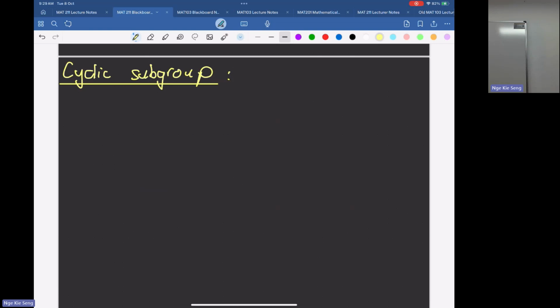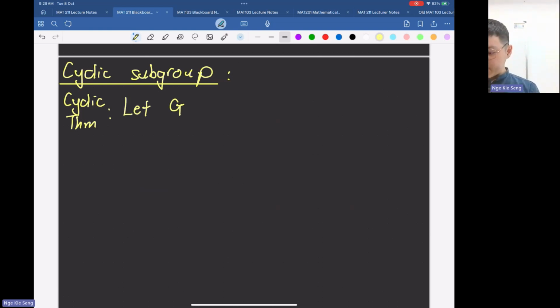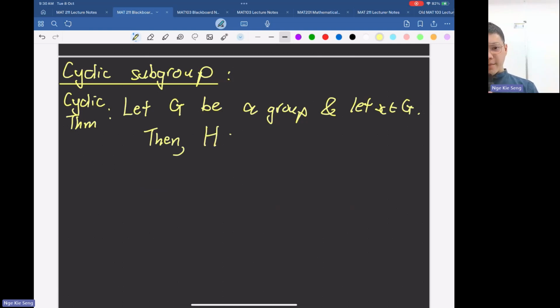Let's see how the cycle concept gets into this subgroup here. So let me give you a statement. I don't want to say theorem, a bit big. If G is a group and x is any element in G, then you can consider taking powers of this element.